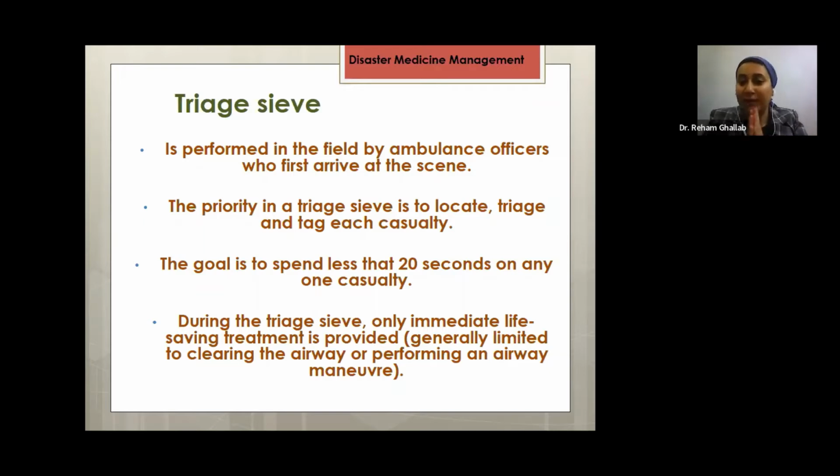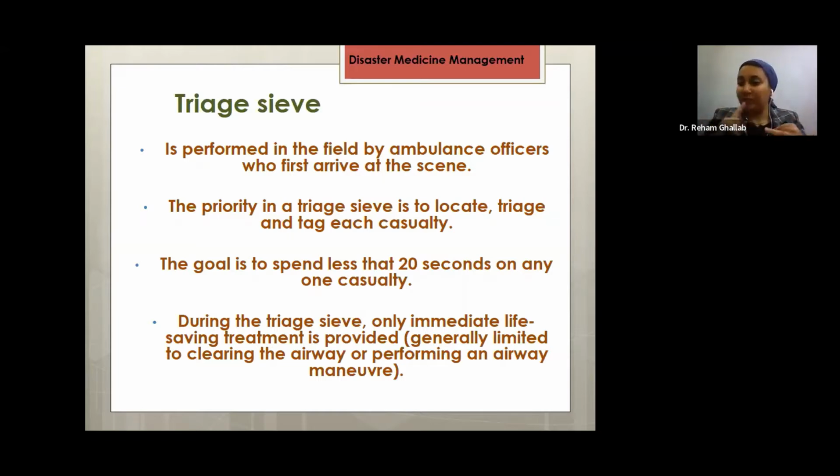During triage by sieve, the only immediate life-saving treatment, which is very important, is clearing the airway. No other medical step is done in the disaster state in triage by sieve.